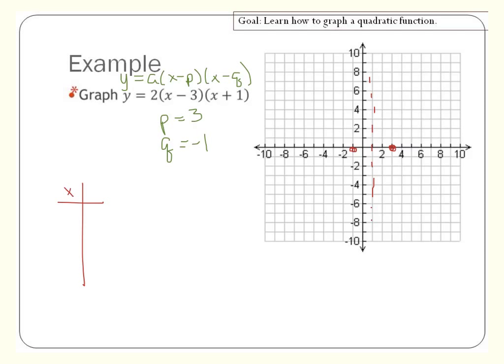So if I do my table and I start at 1, let's see here, so we're going to have 1 minus 3 times 1 plus 1, which is a negative 2 times a positive 2, which is negative 4, times 2, which is negative 8. And that works because it's supposed to be opening up because a is positive.